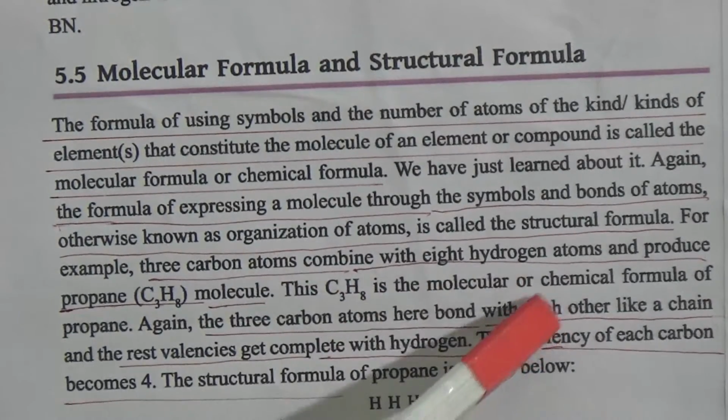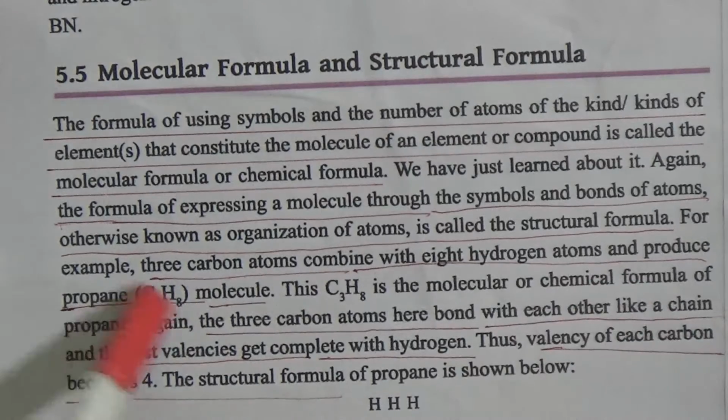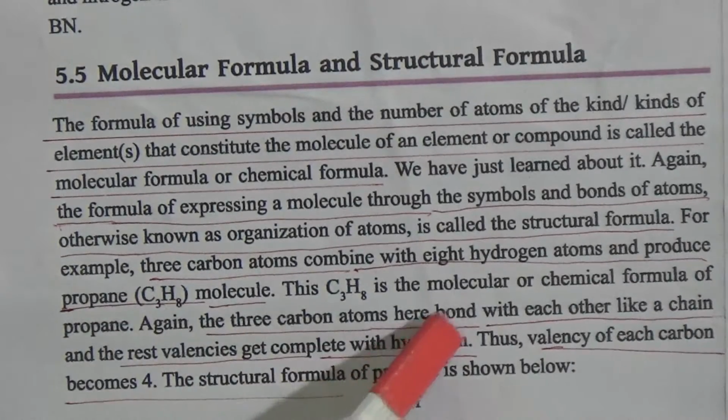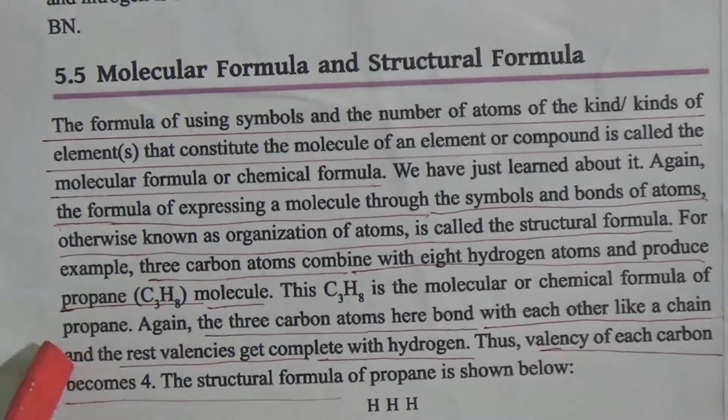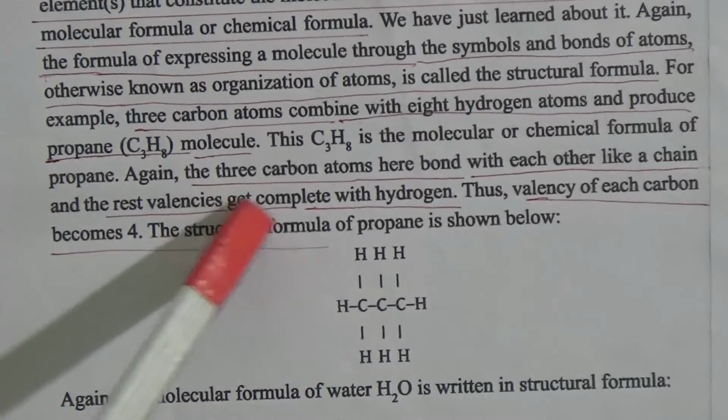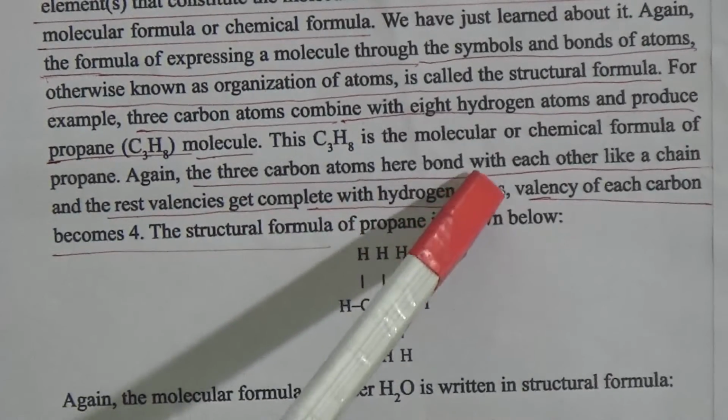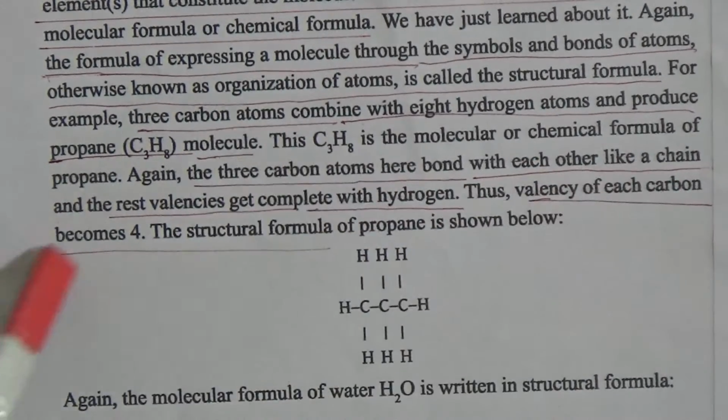C3H8 is the molecular or chemical formula of propane. Again, the 3 carbon atoms bond with each other like a chain, and the remaining valencies are completed with hydrogen. Thus, the valency of each carbon becomes 4.